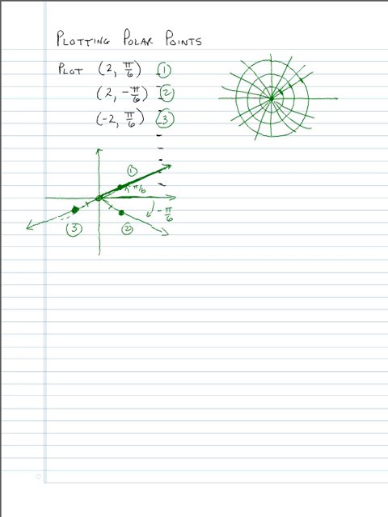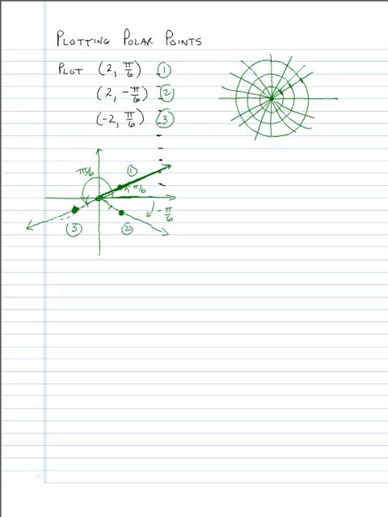Now, that brings up something else that's interesting, because if we look at that point 3, we could have gotten to it in a different way. We could have measured the angle from the positive x-axis to there, and that angle is actually 7 pi over 6, isn't it? I believe that angle is 7 pi over 6.